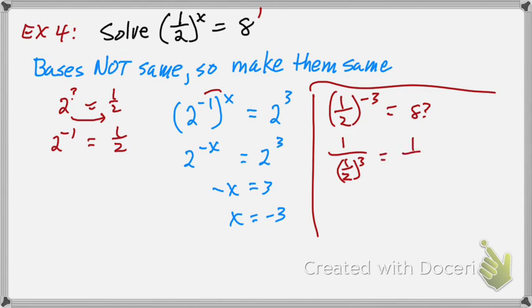Well, I've got 1 over, what's 1/2 times 1/2 times 1/2? So now I'm going to keep change flip. So I've got 1 over 1 equals, I'm going to flip my divisor here. So, yeah, same. So it just takes a second to check them because some of these can get weird.